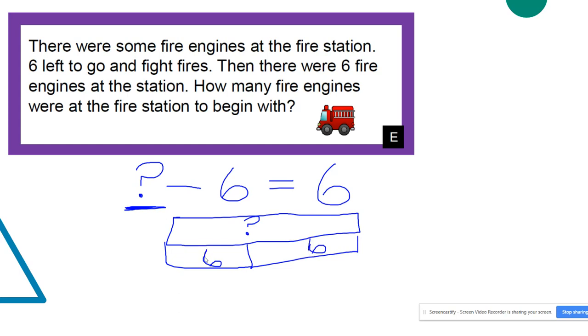So we can add those 2 together to figure out this one, and we'll check it. 6 plus 6 is 12. So let's see if that makes sense. 12 fire trucks were at the fire station, minus 6 left to go fight fires, equals 6 left at the fire station. Yep, you did it. Good job.